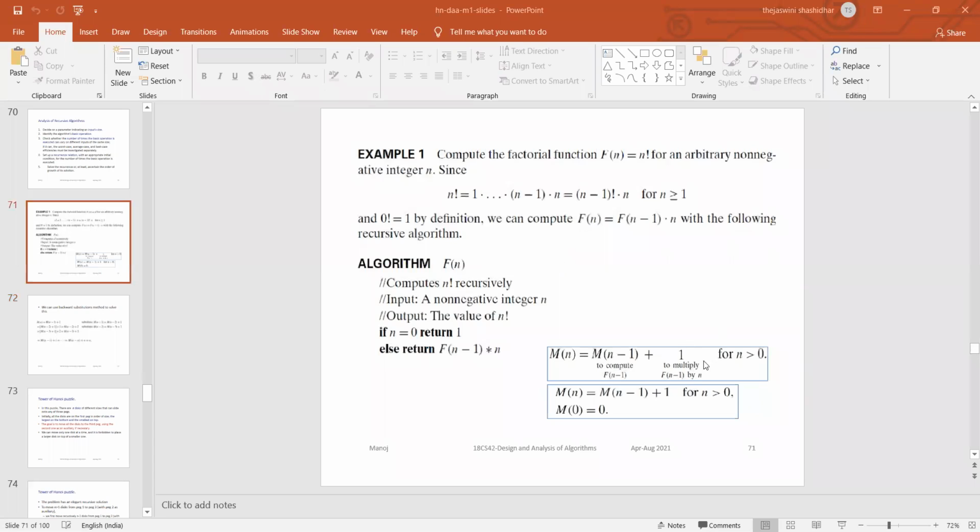Okay, so what is this 1 here? Can anybody tell me, in the recurrence relation, what is this plus 1?